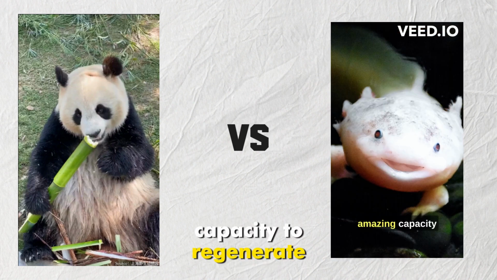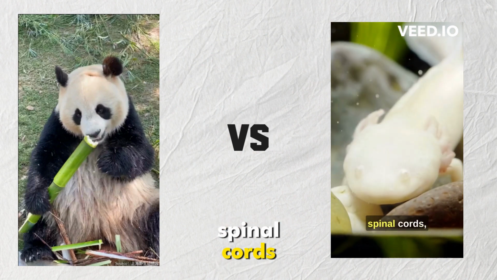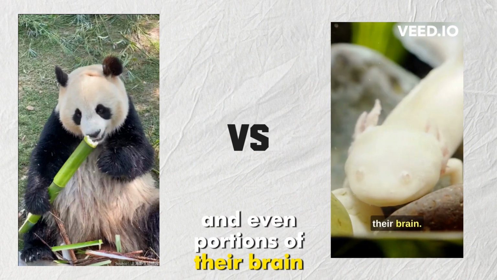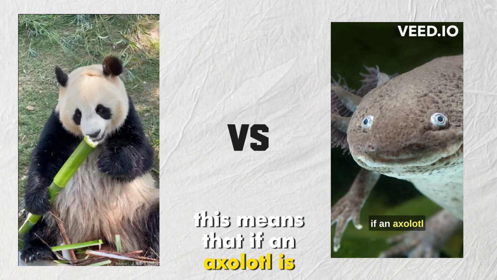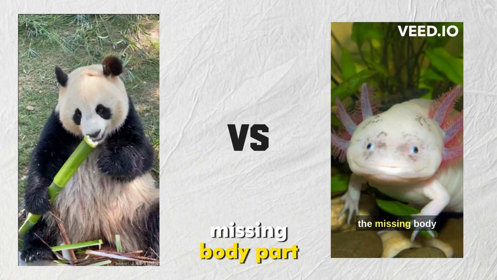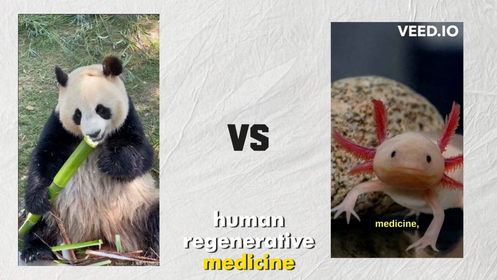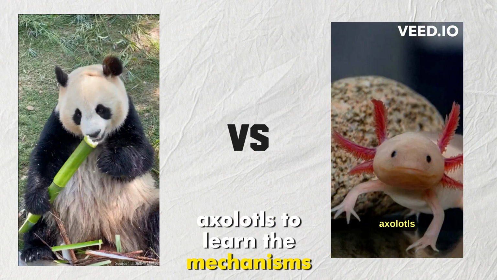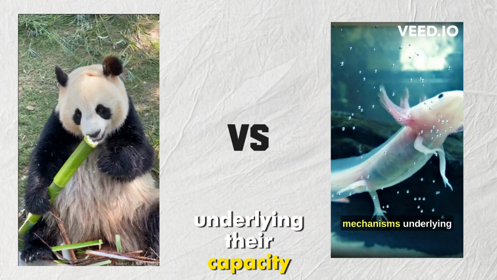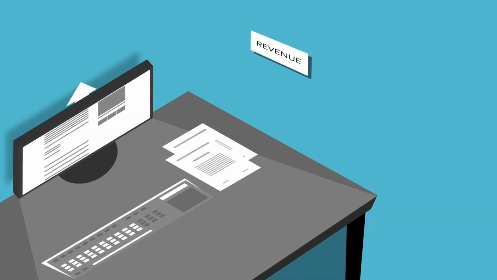Axolotls have the amazing capacity to regenerate not only their limbs but also their hearts, spinal cords, and even portions of their brain. This means that if an axolotl is injured or loses a limb, it can precisely rebuild the missing body part. In an effort to develop human regenerative medicine, researchers are examining axolotls to learn the mechanisms underlying their capacity for regeneration. Isn't that just incredible?